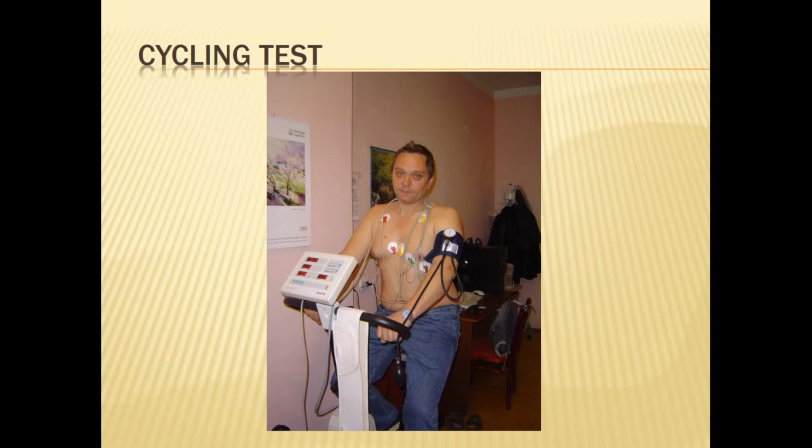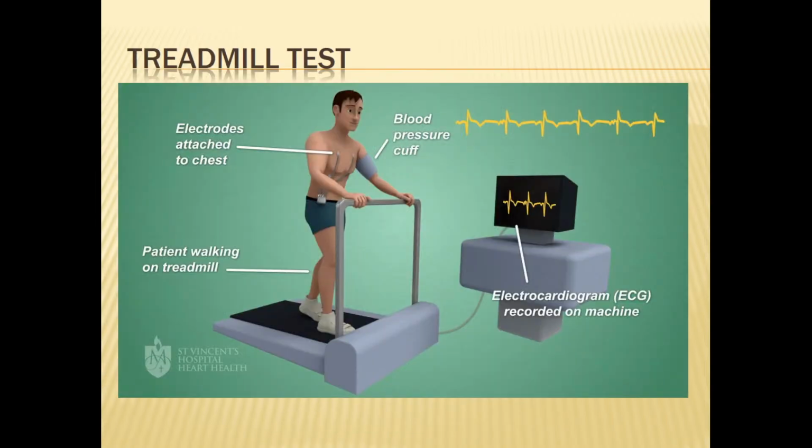BP measurement and ECG control are done during this exercise, which has a standard protocol. The steps increase step by step, and are the same standard for all patients, to classify exercise tolerance. Treadmill test.